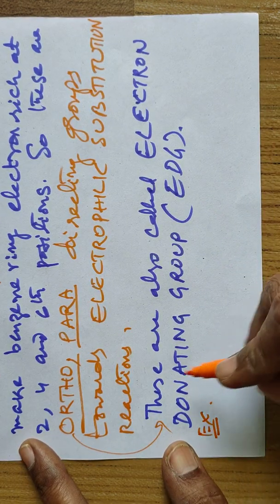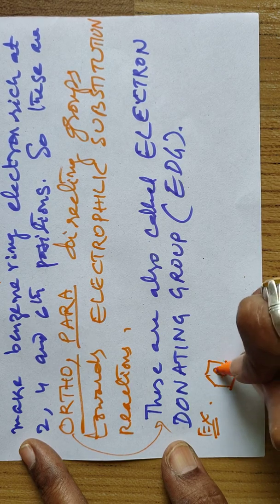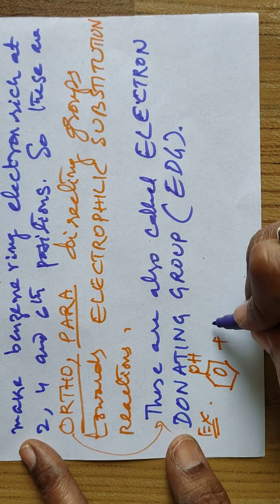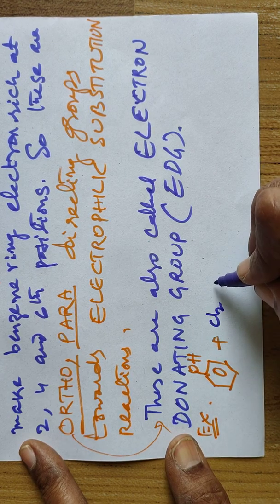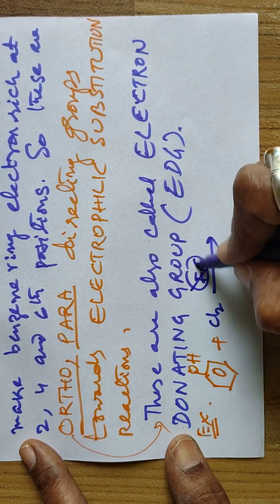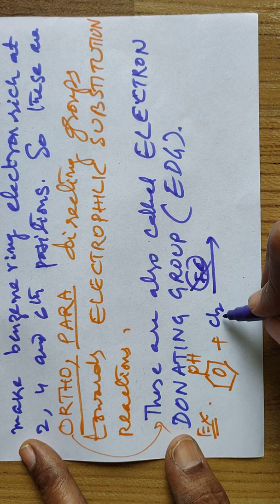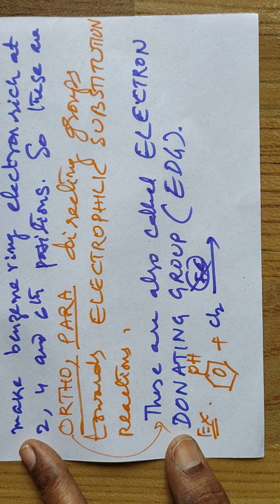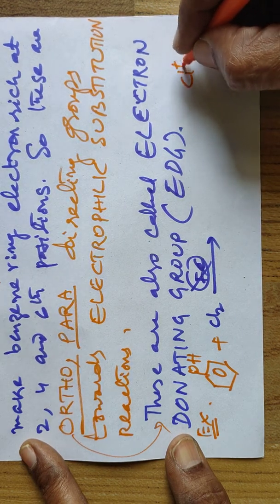For example, if you take phenol treated with chlorination. Generally, iron is not required. Just phenol is sufficient to ionize Cl2 as Cl plus and Cl minus. And this Cl plus is the electrophile.